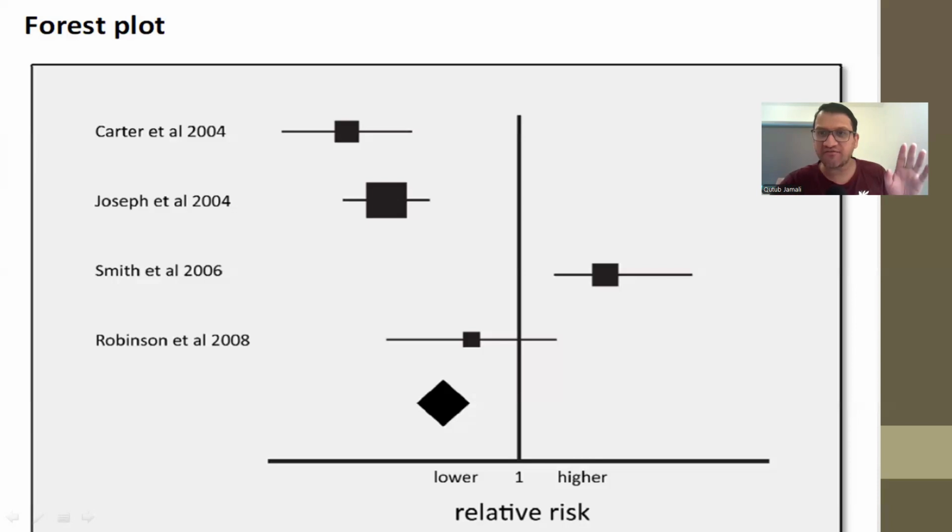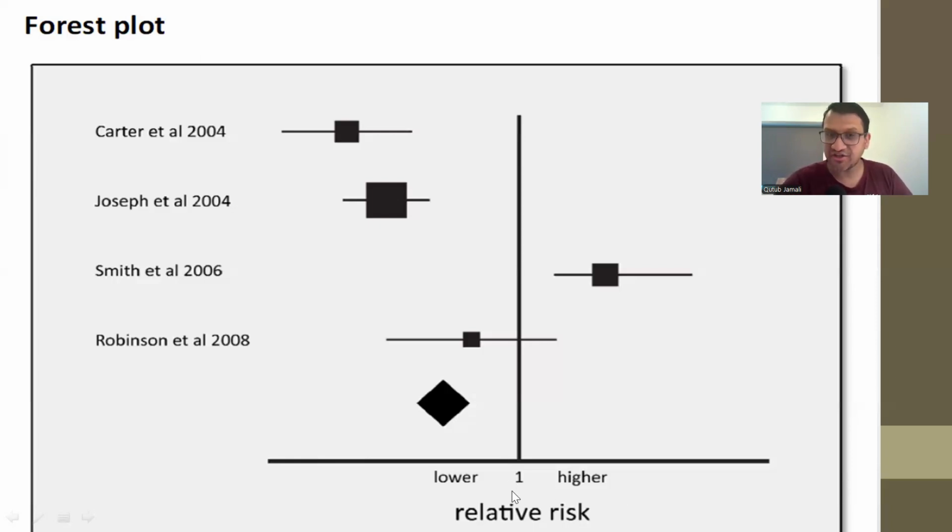What they have done is, say in this forest plot, they've included all the studies where relative risk was measured. And now we need to see whether this particular work is statistically significant or not. Say they've included these 4 studies. What is it that you need to look at in this forest plot to arrive at a particular conclusion? Relative risk.